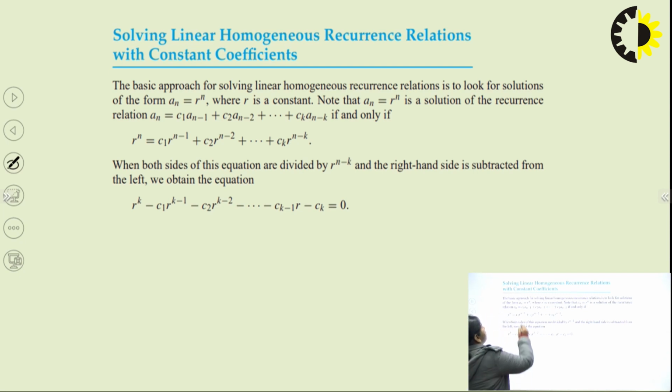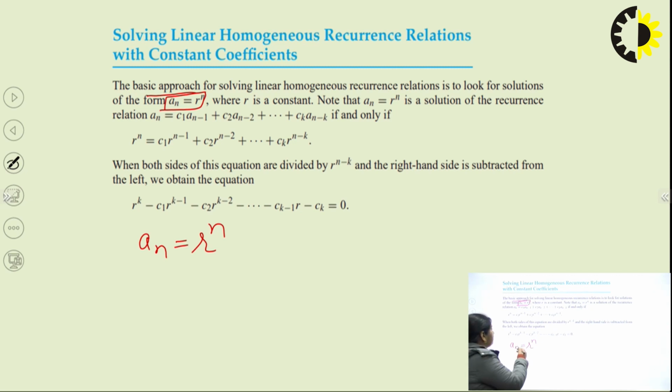The basic approach for solving a linear homogeneous recurrence relation is that we look for a solution of the form an is equal to r to the power n. So, what is the general solution that we want? An is equal to r to the power n.